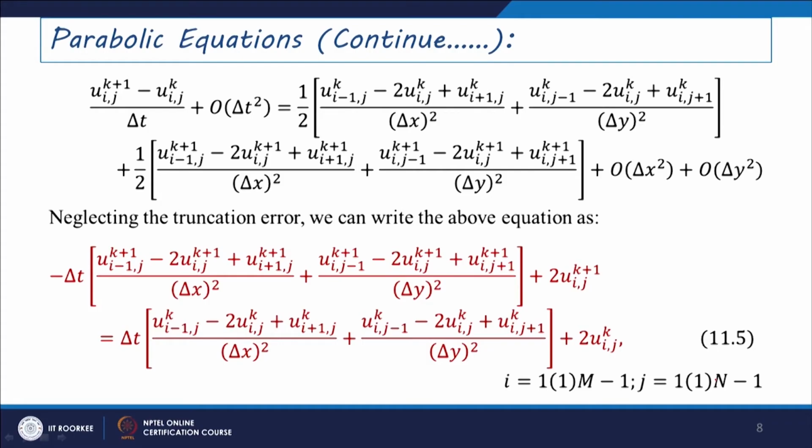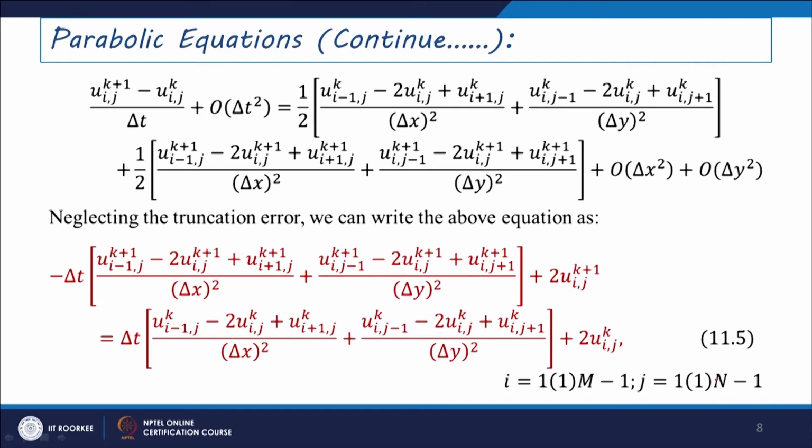So this average scheme can be written as half into u i minus 1 j k minus 2 u i j k plus u i plus 1 j k divided by del x square plus u i j minus 1 k minus 2 u i j k plus u i j plus 1 k by del y square.